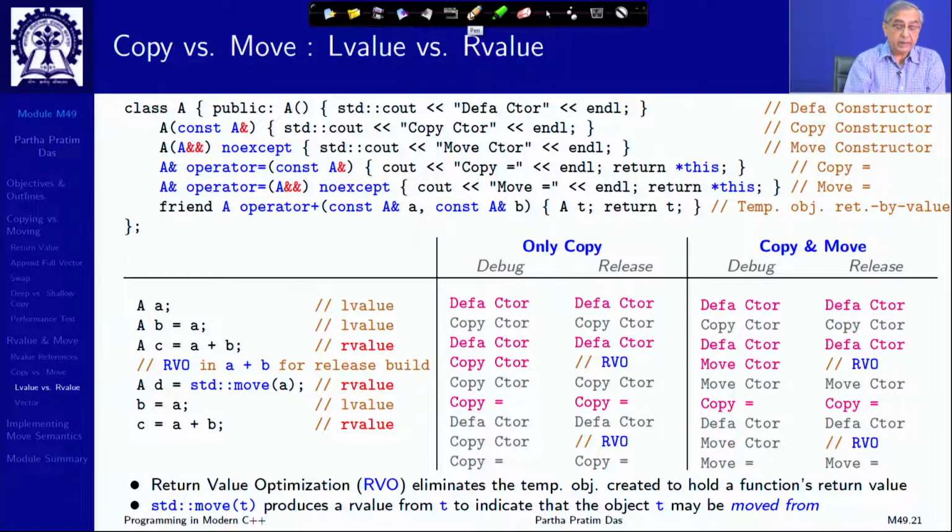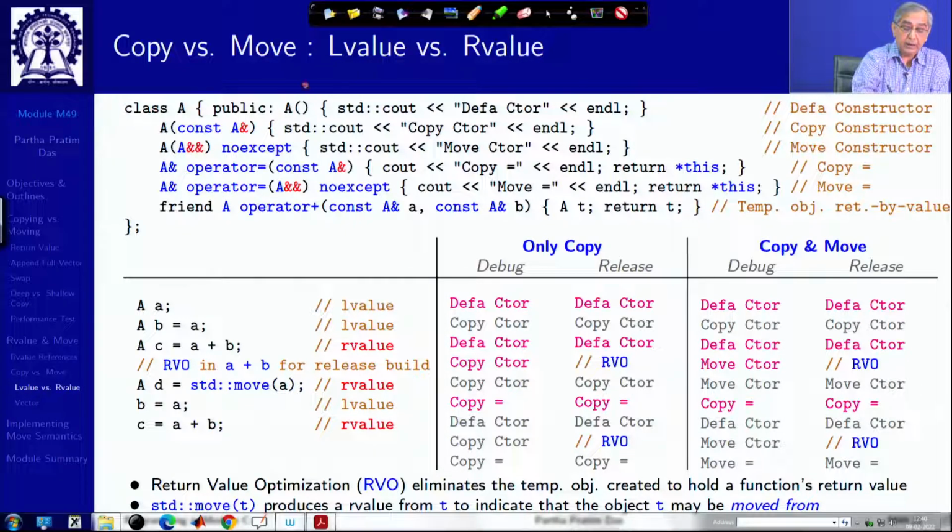So, here is a class A which has a default constructor, it has a copy constructor, it has a move constructor, copy assignment operator, move assignment operator, and a binary operator which does not as such do anything. It just creates a temporary result object and returns that object. In between, of course, you will have the actual computation to be done.